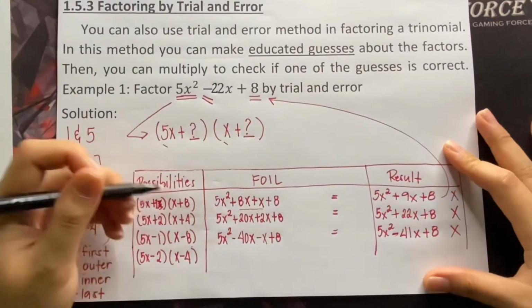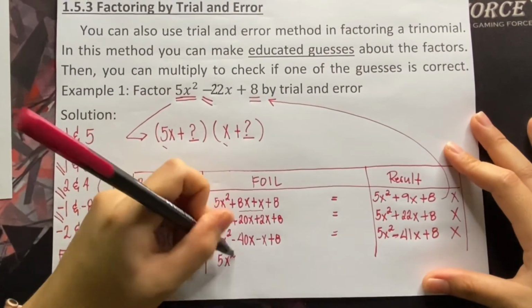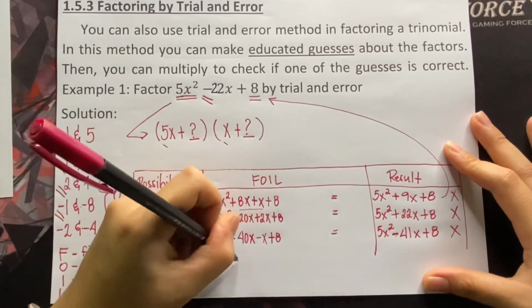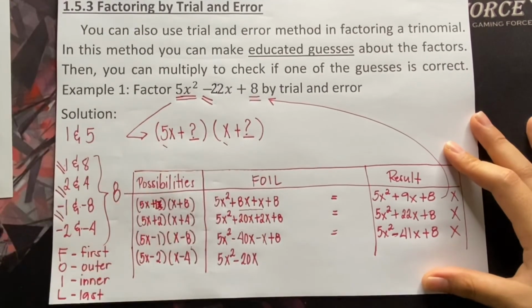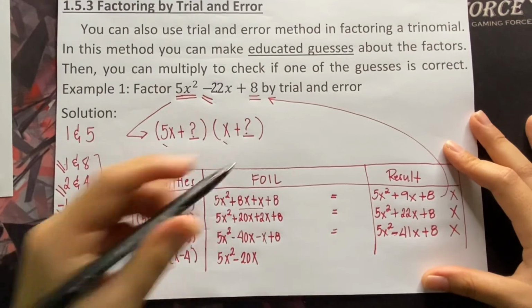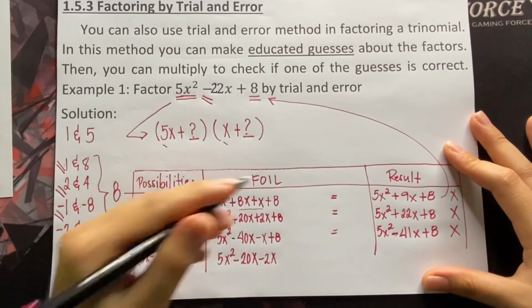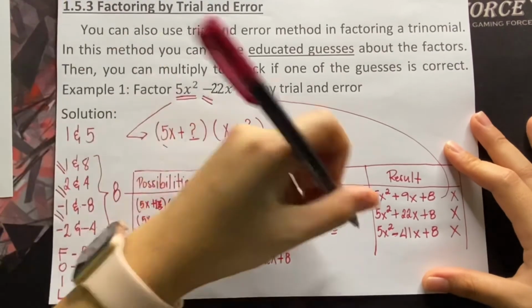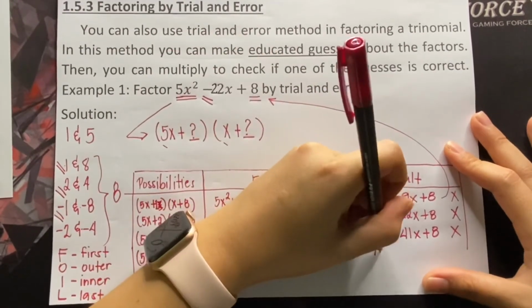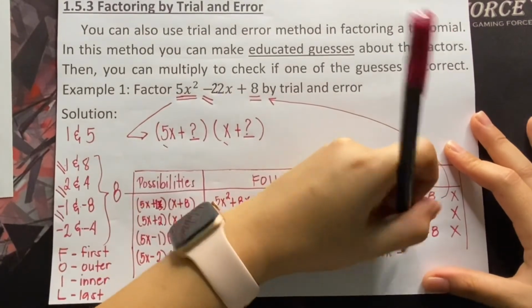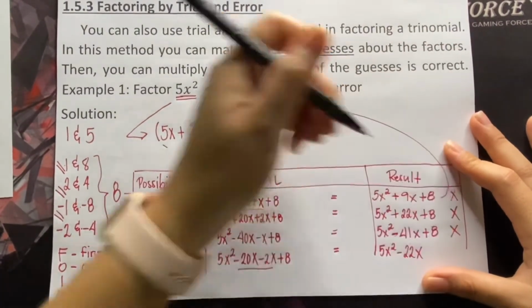How about the last possibility? So 5x squared, outer is 5x times negative 4, negative 20x. Inner is negative 2 times x, negative 2x. Last is negative 2 times negative 4 plus 8. And the result is 5x squared, negative 20x minus 2x, negative 22x plus 8.